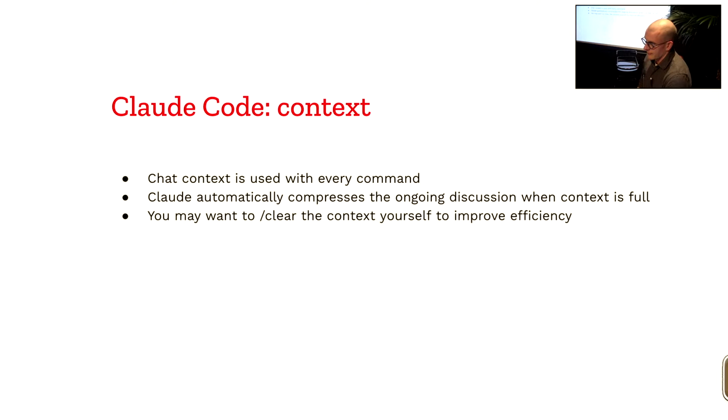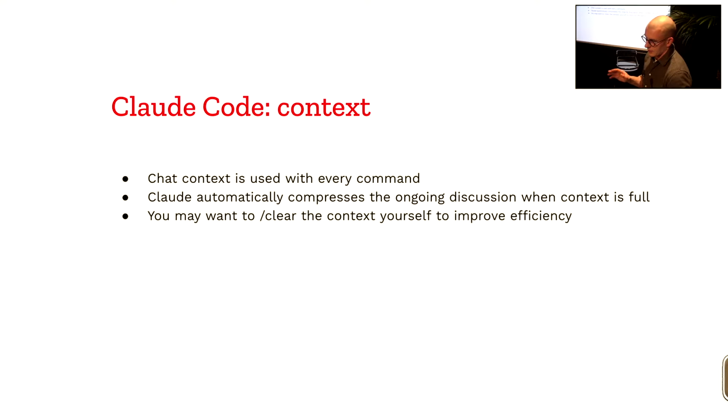Context. Context is probably the most important thing when working with large language models. I think our job as the managers of these models is to provide the right kind of context, and the context means the chat so far that we've had, and every selected piece of code that we are working with.